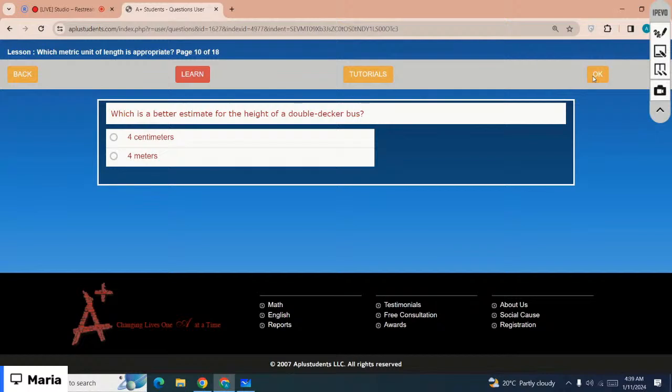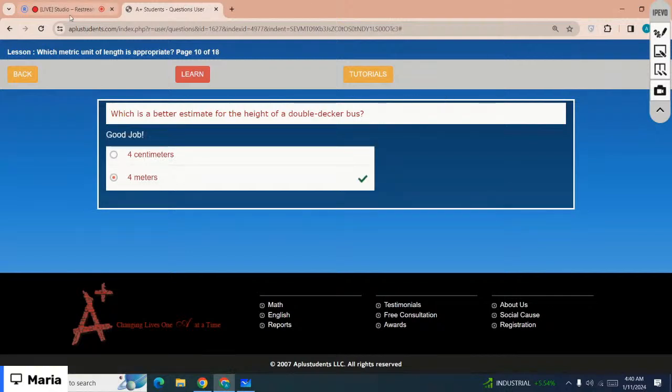Which is the correct option? It must be 4 meters, right? Okay, you can complete the lesson by yourself later today.